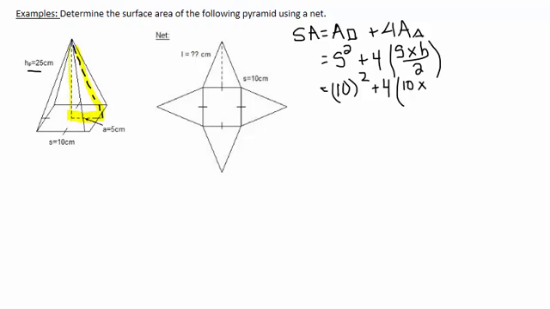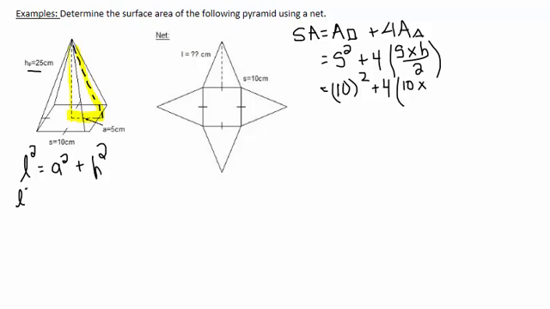So we can use our Pythagorean theorem to find the height of the triangular face, or the slant height. Slant height is going to be denoted as L, and L squared is equal to this value squared, a squared, plus this value squared, which is height. So it's just like the Pythagorean theorem.